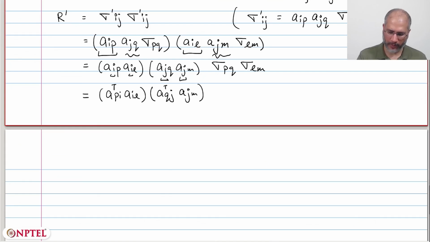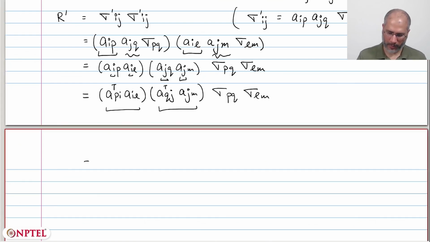Now you can see that these are simply A transpose A, which is identity, and in the initial notation that is a delta. Let's complete this. So the first expression becomes delta PL and the second becomes delta QM.